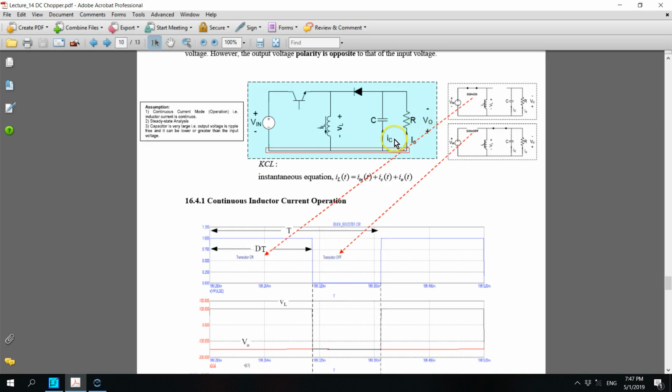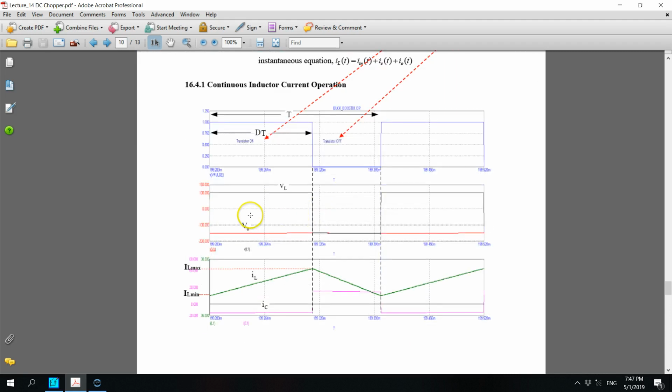There is a negative output voltage impressed across the inductor, which causes the current to decrease linearly from IL max to IL min.